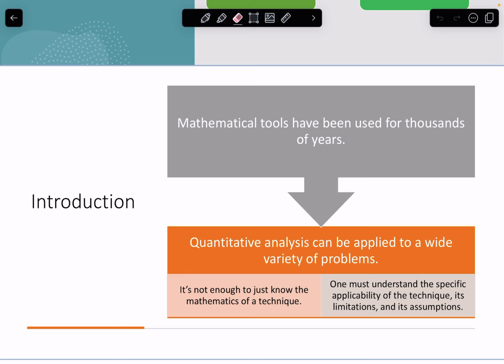Whether it is a mechanical system or a production system, it can be represented as a mathematical model to give us an idea of how the system and the processes work.